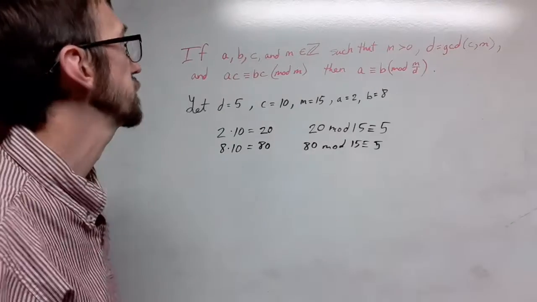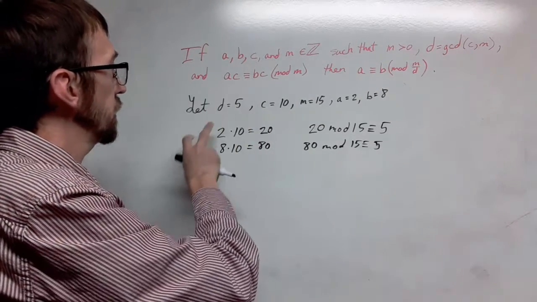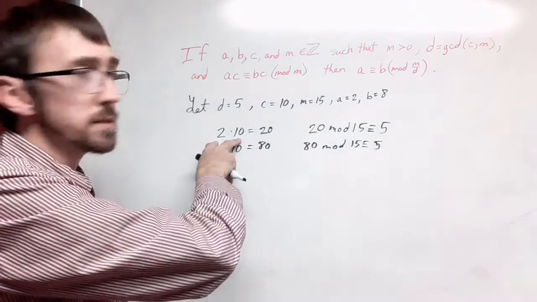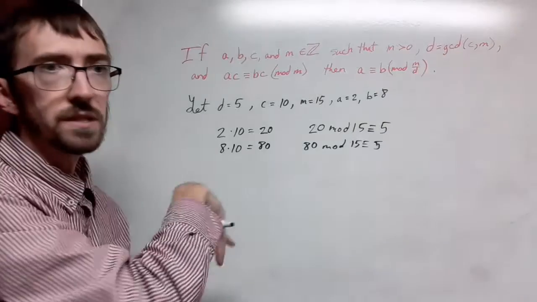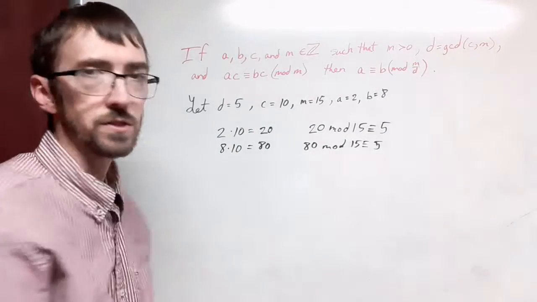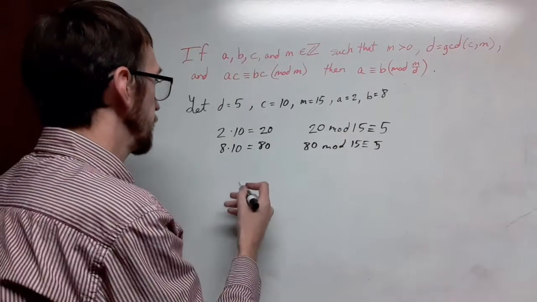It's congruent to 5. And so we have that this statement is true. The products of a and c and b and c are going to be congruent to each other under this modulus.